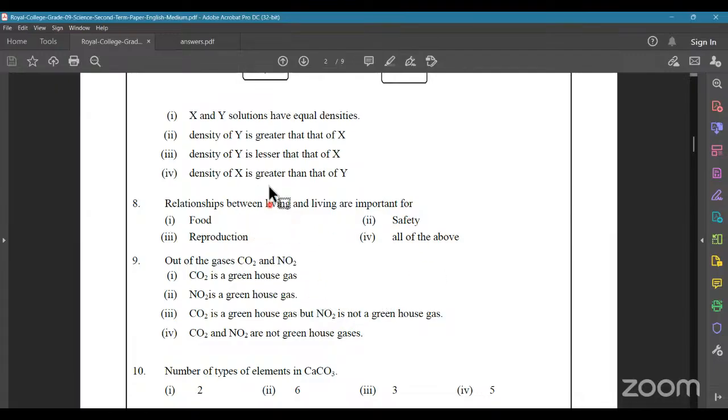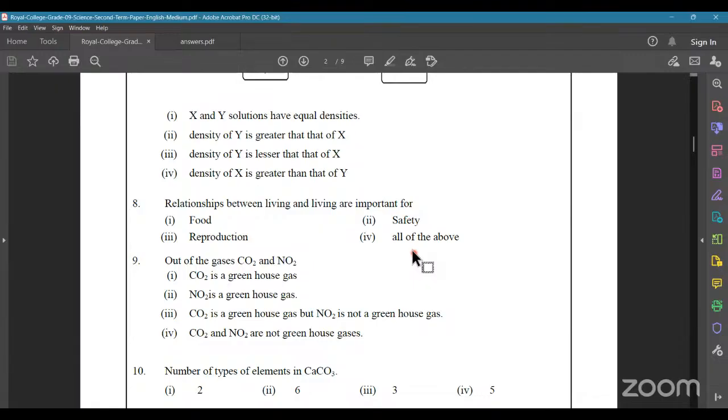Just imagine living and living means a plant and a human being. For food, animals or humans eat plants, so there's a relationship for food. And safety: animals stay in groups like herds or flocks for protection from predators.